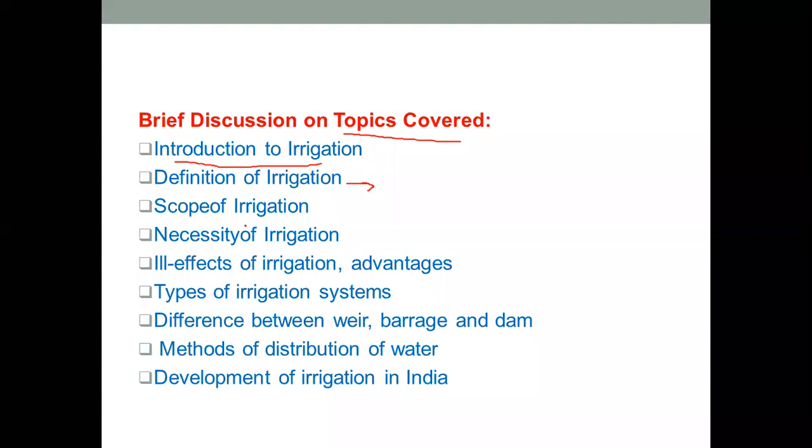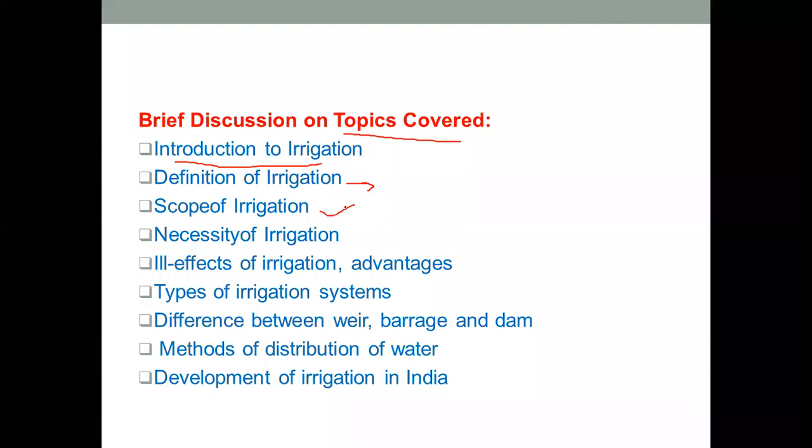Next point which we saw was the scope of irrigation, that means how vast the irrigation subject is. Under that we saw that the irrigation subject has three aspects. First is the engineering aspect, second is the agricultural aspect, and third is the management aspect.